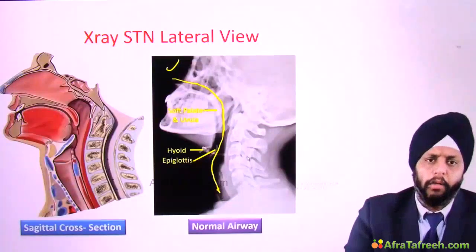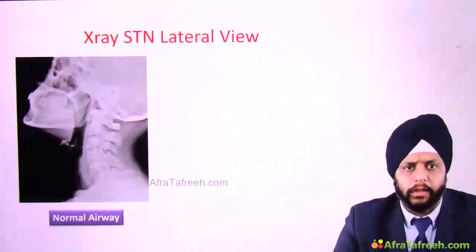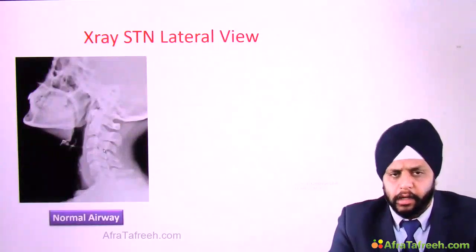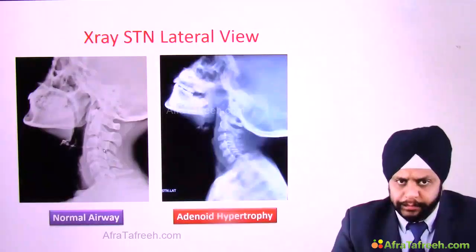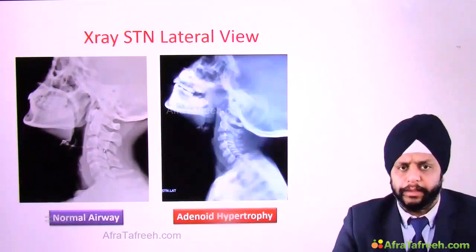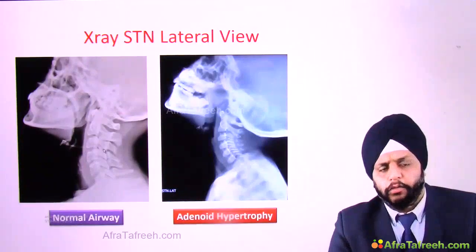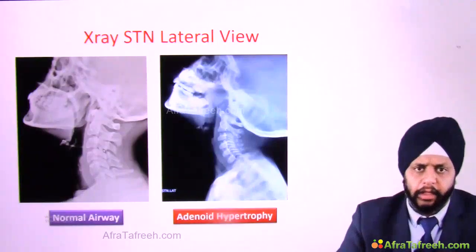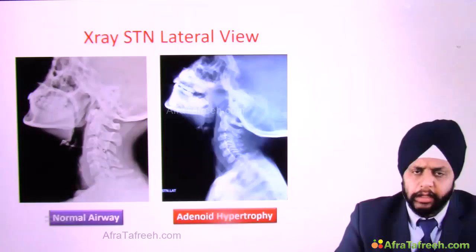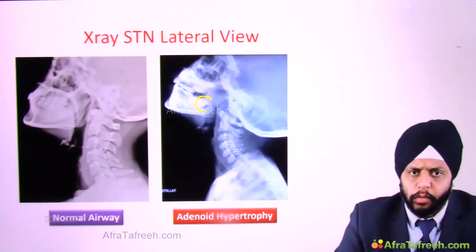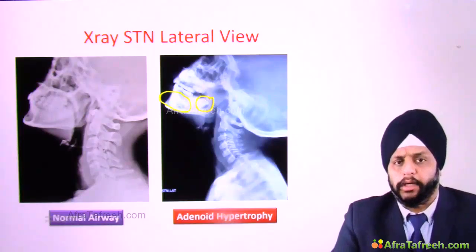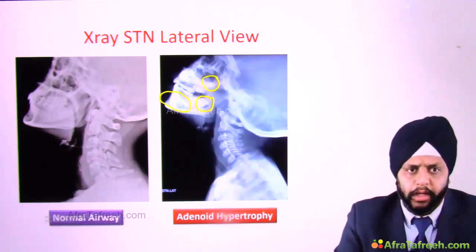All right, now let's compare this normal X-ray that we have just studied with another X-ray. What do you see in this X-ray? The first thing that you should notice in this second X-ray is that these teeth are unerupted teeth. Look over here.